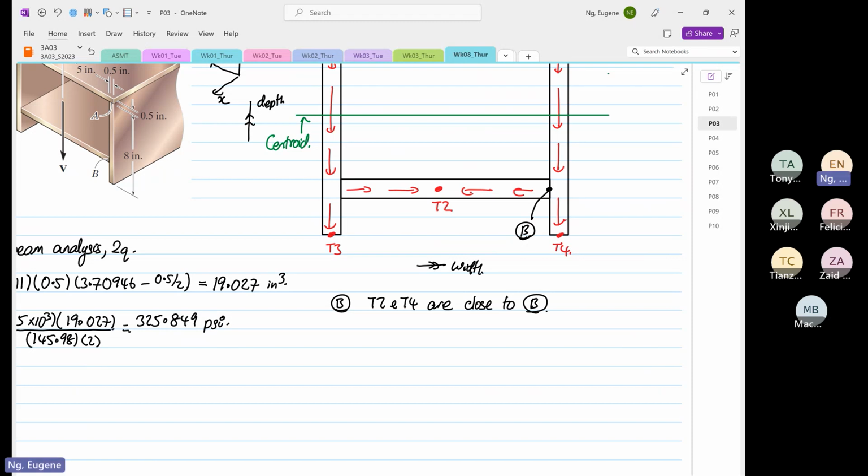So which one to use? Are you going to use terminal 2 or terminal 4? Okay. So which terminal to use?